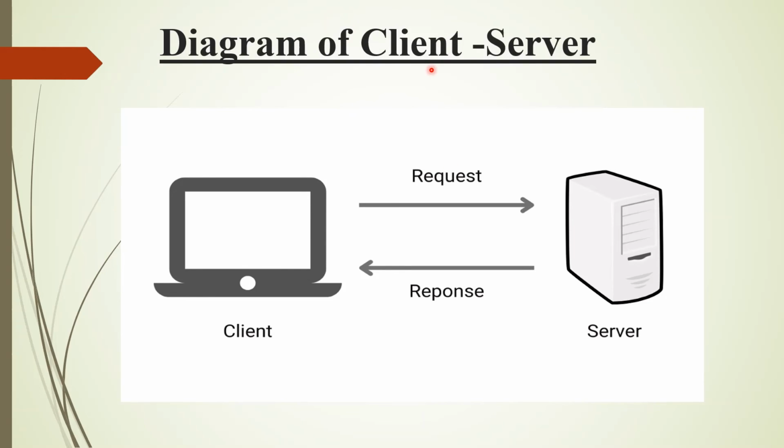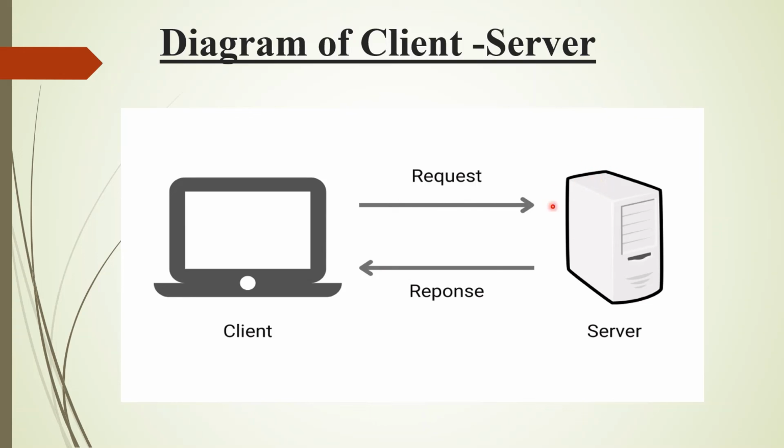This is the diagrammatic representation of the client-server architecture. When we open a site on a mobile and search for www.google.com, then after entering it, a request is given to the web server.